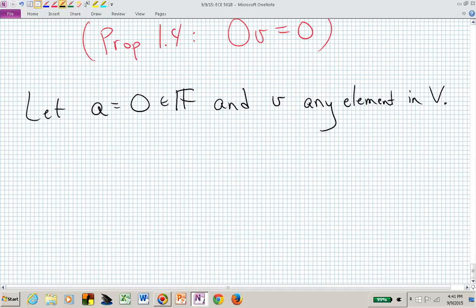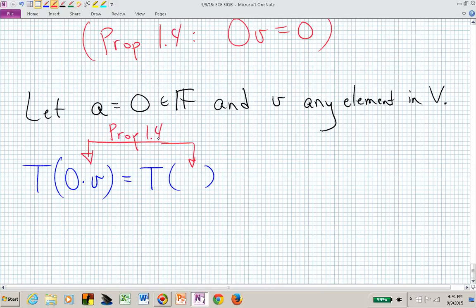Now, I'll try to fit this all on one line. Now I want to look at T of 0 times V. What does that equal if I apply proposition 1.4 on the argument of this map? So T of 0 times V must equal T of 0.